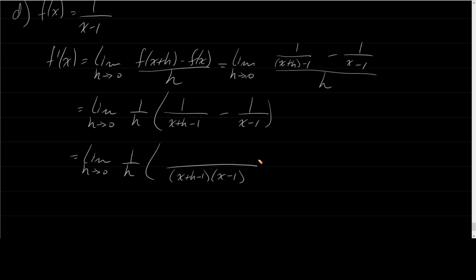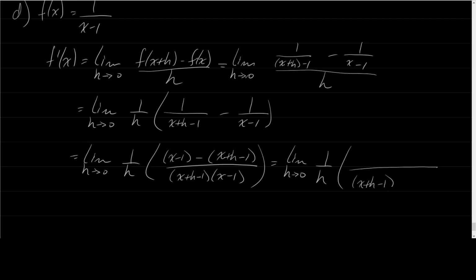So the numerator, what does it become? In this first one, I had to multiply by x minus 1. This next one, I had to multiply by x plus h minus 1. So if we expand the numerator, we have the limit as h goes to 0 of 1 over h times, with x plus h minus 1 times x minus 1 as my denominator. Getting rid of parentheses, my numerator becomes x minus 1 minus x minus h plus 1.